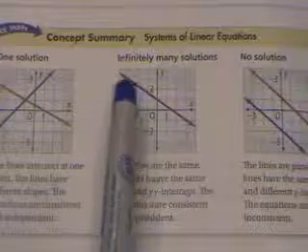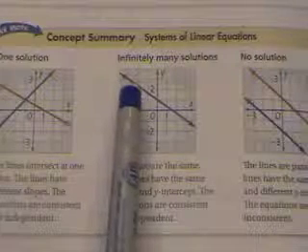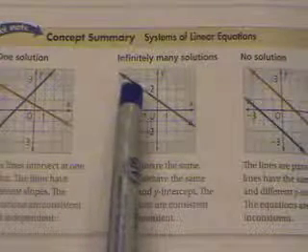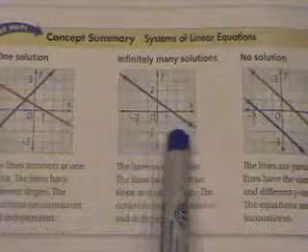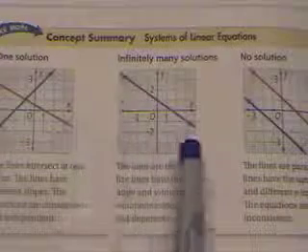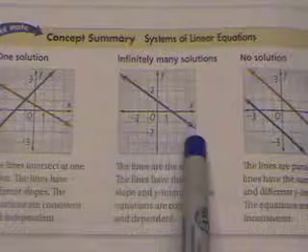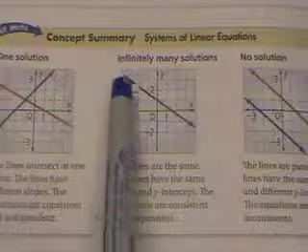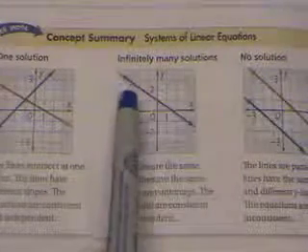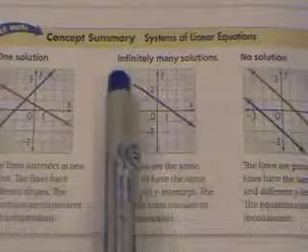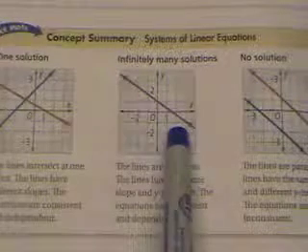For example, if you have two equations that turn out to be the exact same line, this has infinitely many solutions because this line goes off in both directions to infinity. So you have infinitely many solutions when both equations graph as the same line.